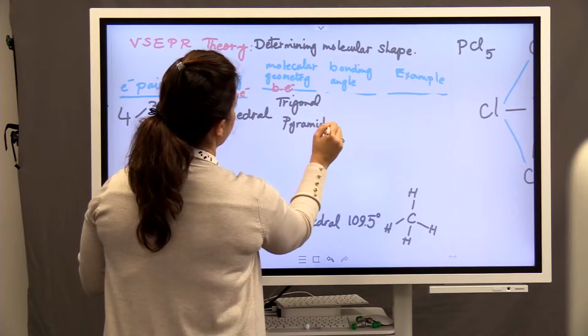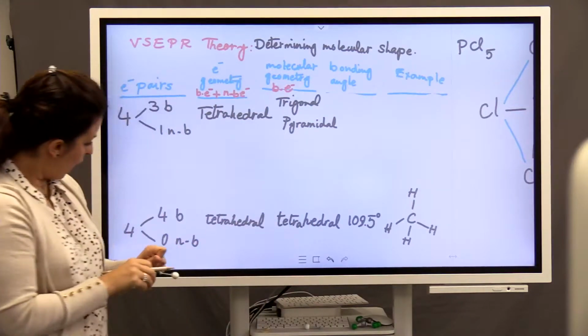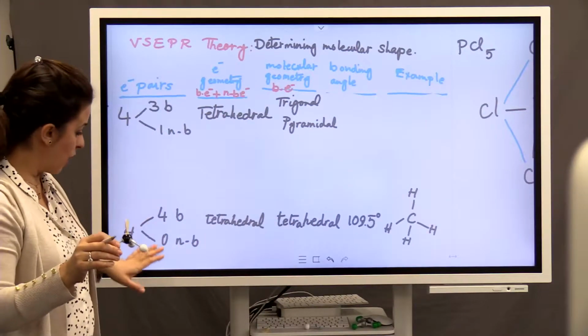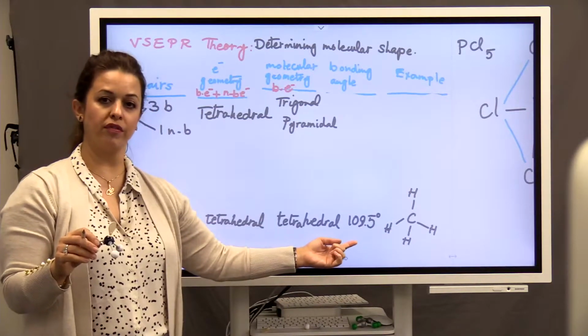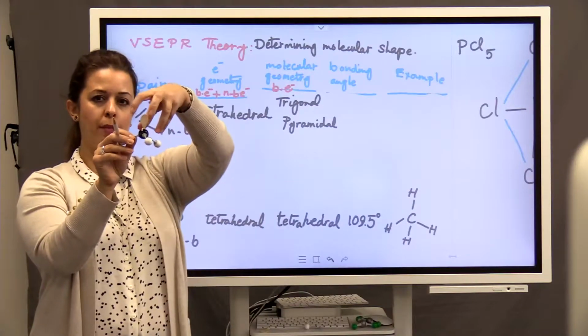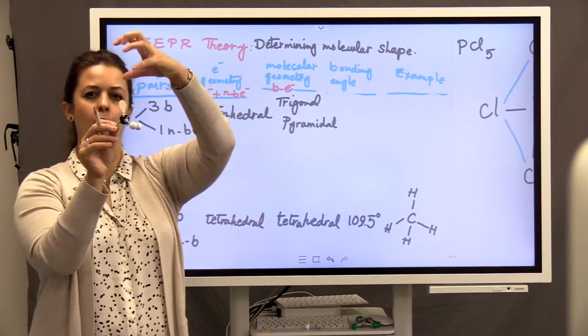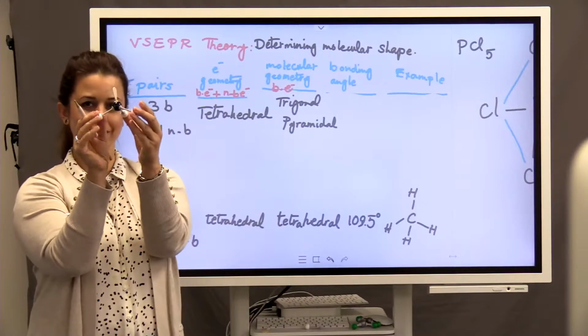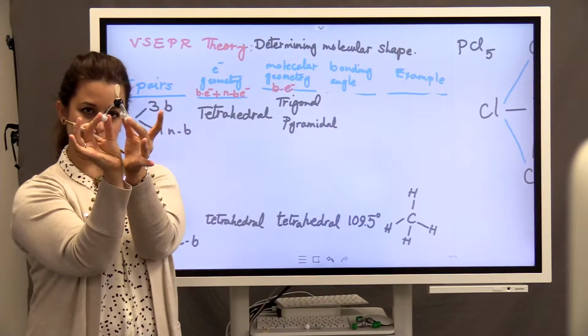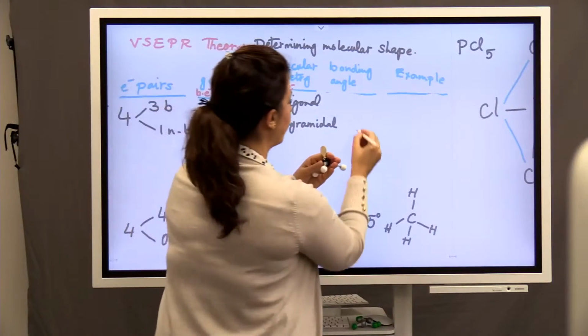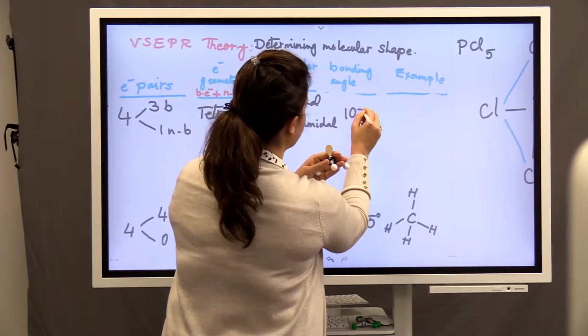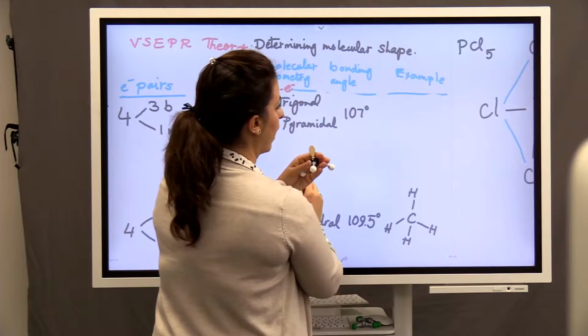Trigonal pyramidal. When you had only 4 bonding pairs and no non-bonding pair, what were the bonding angles? 109.5. Now this non-bonding pair exerts more repulsion. So it squeezes the bonds a little bit more towards each other, and bonding angles instead of 109.5 will be 107 only. Okay?